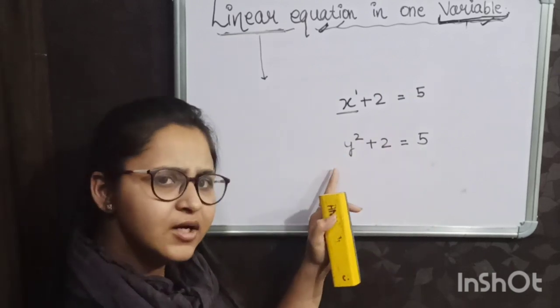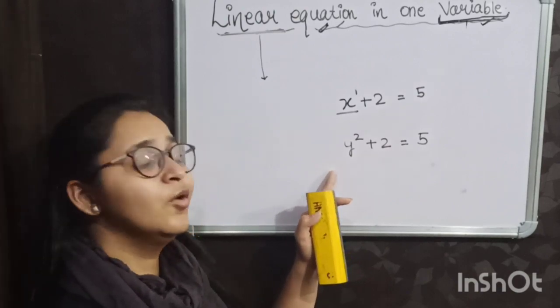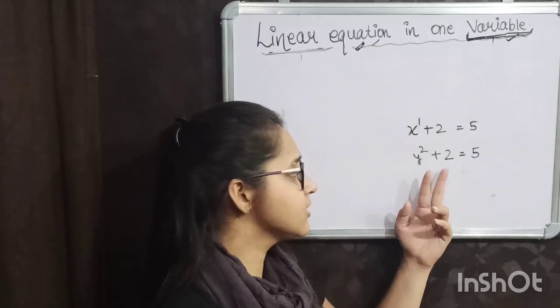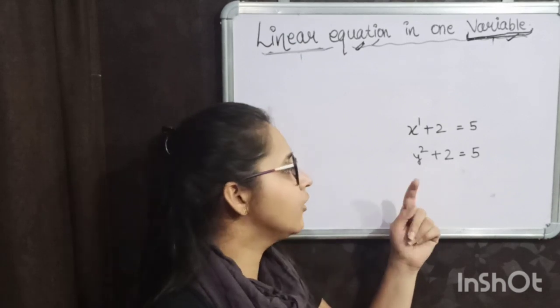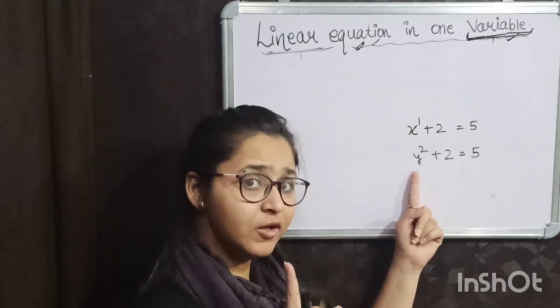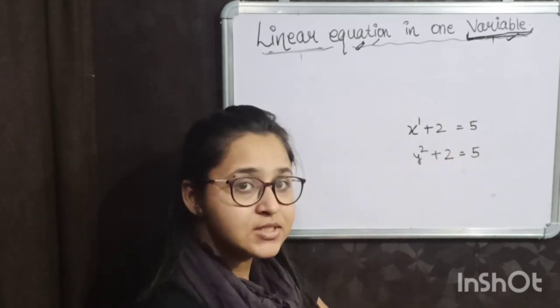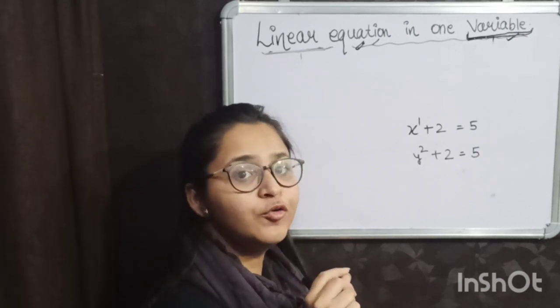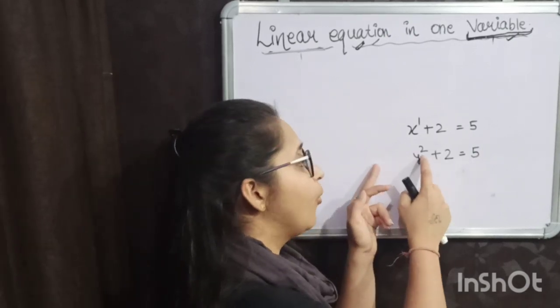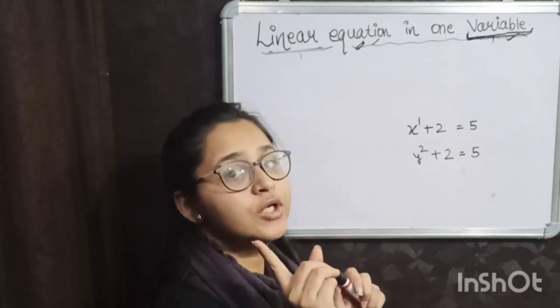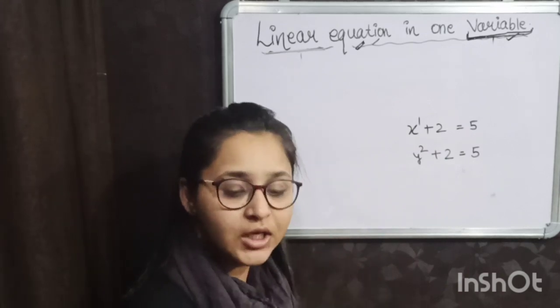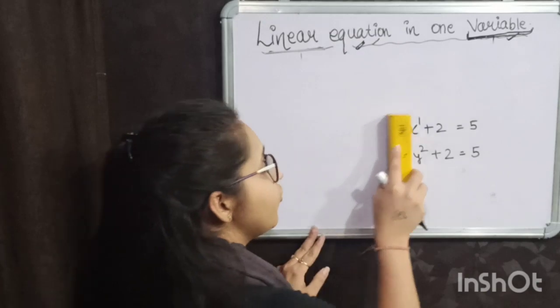Now, is this a linear equation? No. Here the variable is only y, only one variable. The equal to sign is there, but is the power of your variable 1? No, the power of the variable is 2. So it is not a linear equation.